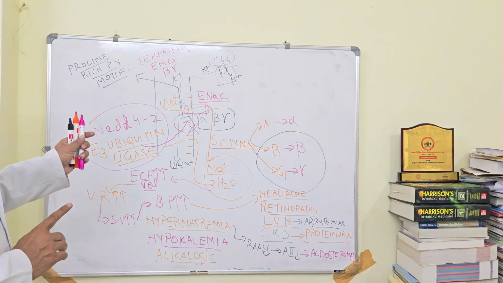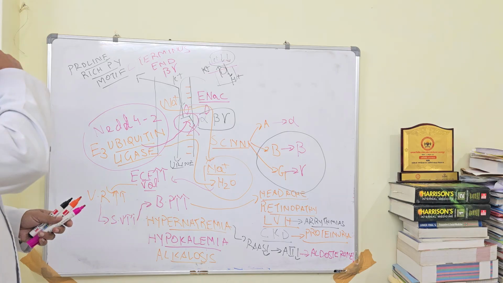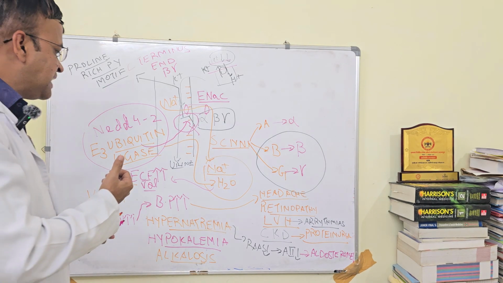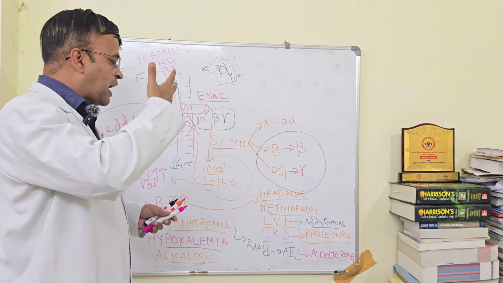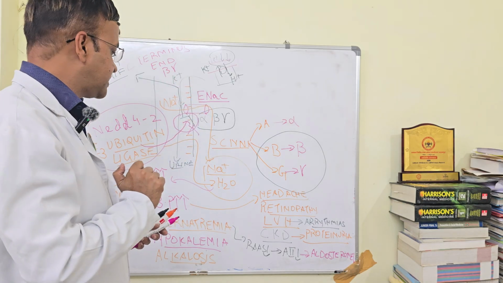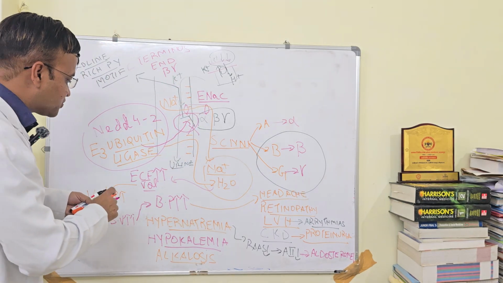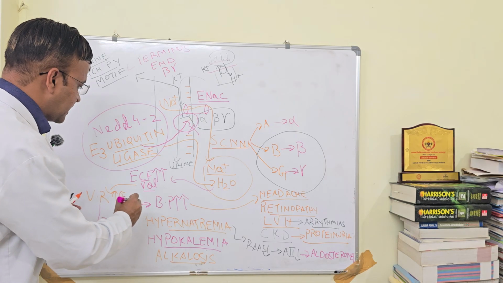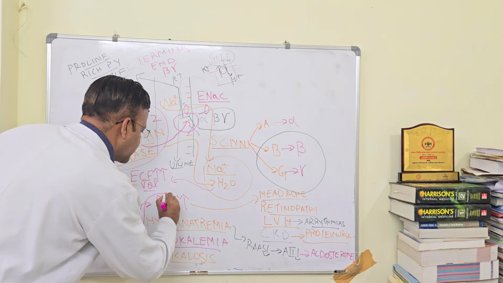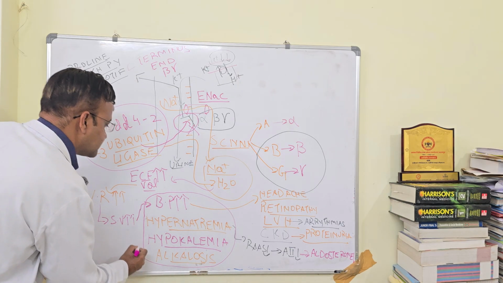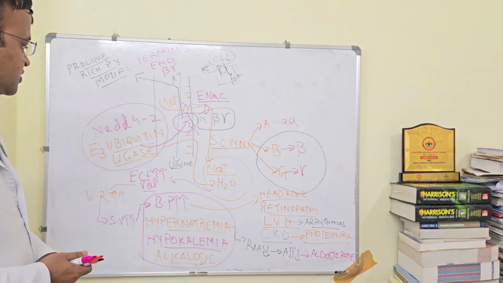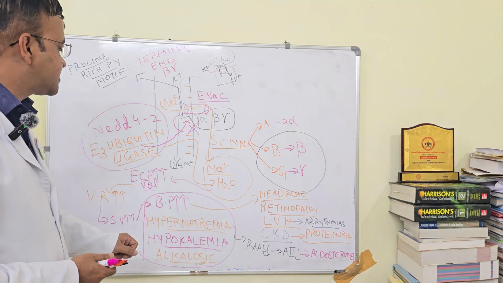So this is one of the reasons why Liddle syndrome is also called pseudo hyperaldosteronism, because if you see these three things, hypernatremia, hypokalemia, and alkalosis, you will feel as if aldosterone has increased.